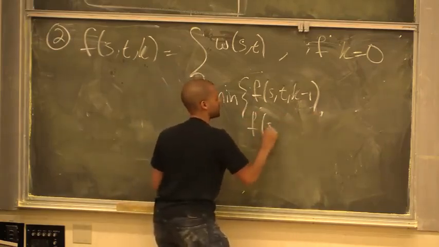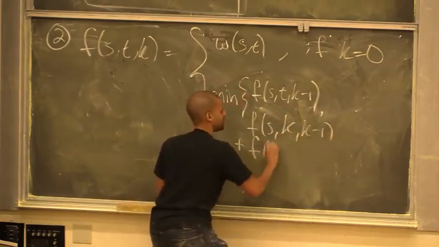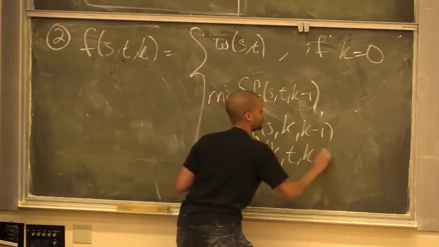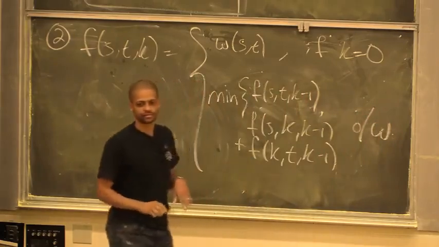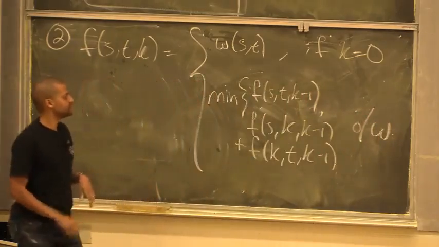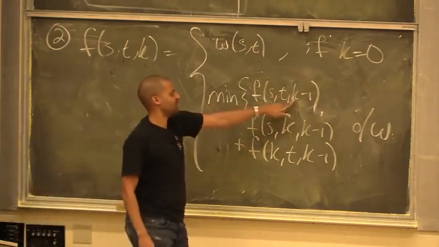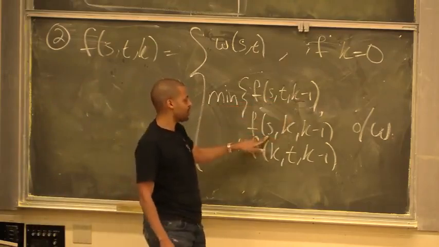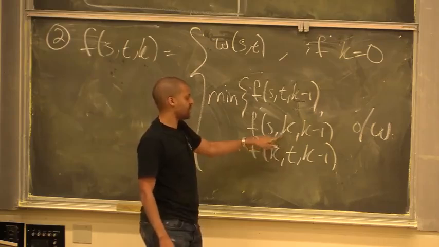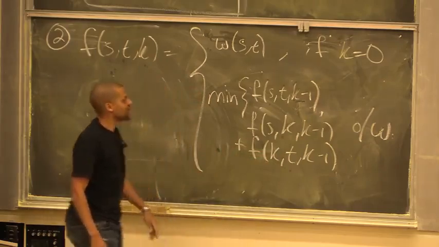So f of skk minus 1 plus f of ktk minus 1 otherwise. Right? So I can either choose to use k as one of my intermediate vertices or not. If I don't, this is not using k. And if I do, that means at some point I go to k, and then from k I go to t. And that's it. What's the memory?